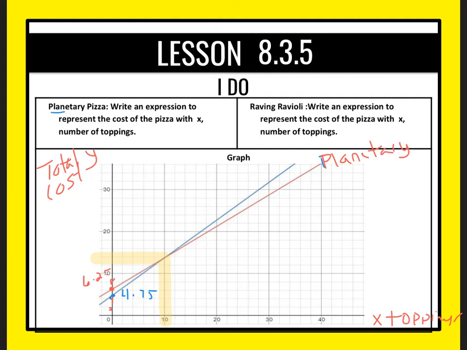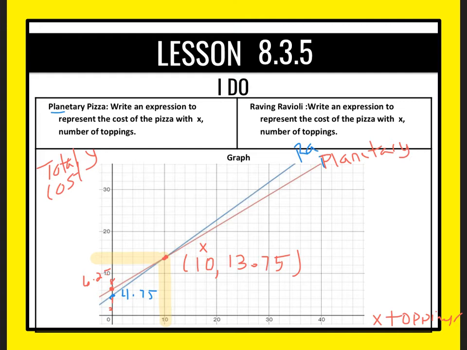So notice what your graph looks like. There's this nice point of intersection. And that tells me that at 10 toppings, because that's my x coordinate, right? What was the cost? If you look at your table, the cost was $13.75. So it's really neat to see that this point shows me the solution as well, that there's going to be an intersection in my graph. And I also like how I can see that Raving Ravioli is cheaper in the beginning.